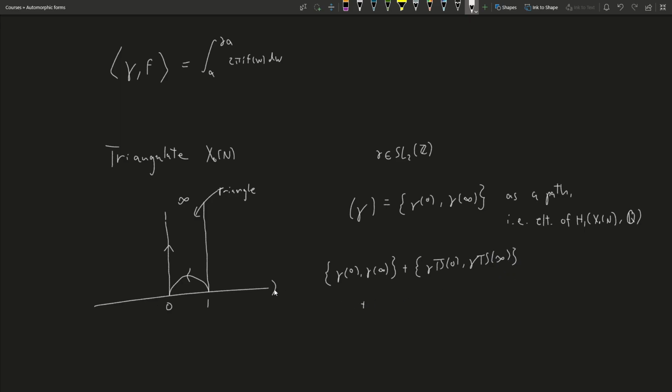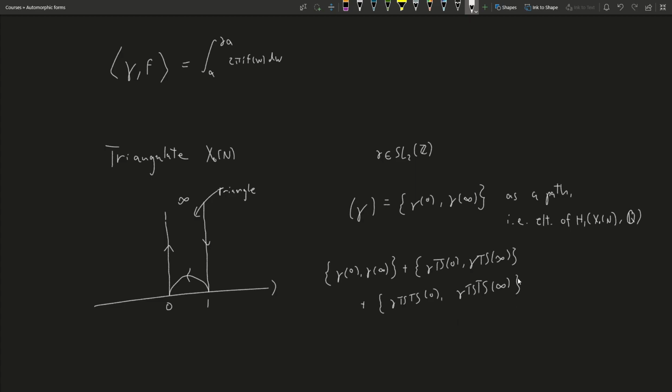And then finally for the last bit, this is going to be gamma TS TS acting on 0 to gamma TS TS acting on infinity.